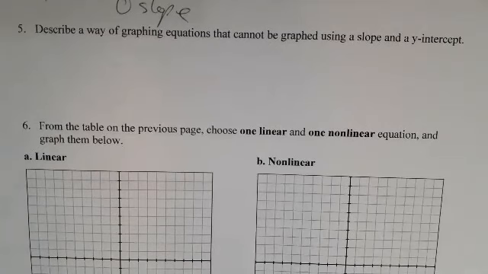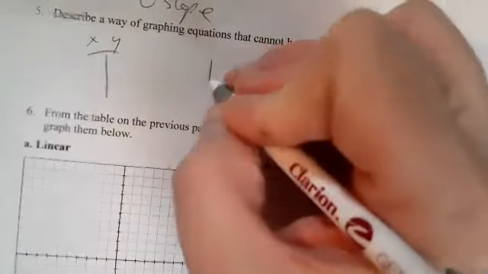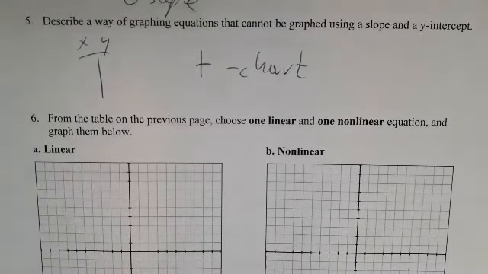Describe a way of graphing equations that cannot be graphed using a slope and y-intercept. At this point, we really have one option to do it by hand. What do they call them? T-charts? Whatever you want to call it, we got to make a T-chart.